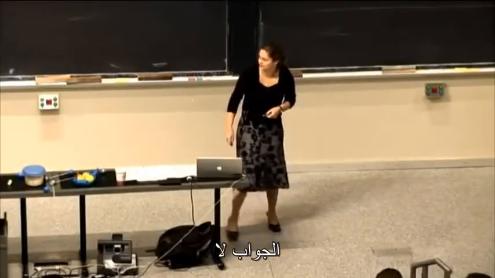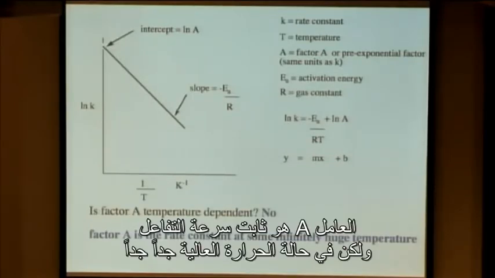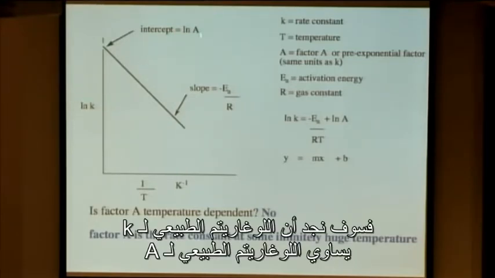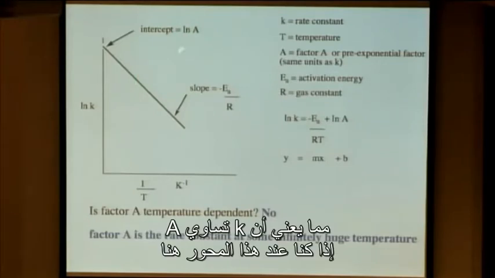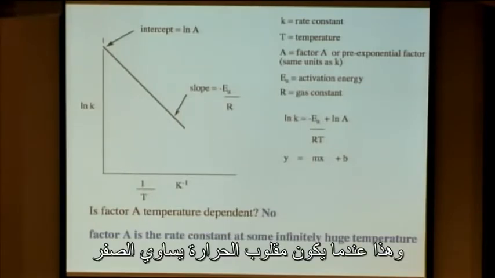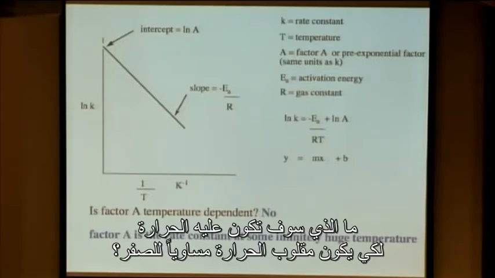The answer is no. So let's think about what factor A is. Factor A is the rate constant at some really, really large temperature. If we look at this plot, the natural log of k equals the natural log of A, or k equals A, if you're along this axis here. That's when 1 over temperature equals 0, then the rate constant equals factor A. What would be true about the temperature for 1 over temperature to equal 0?